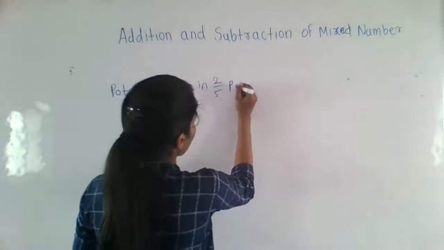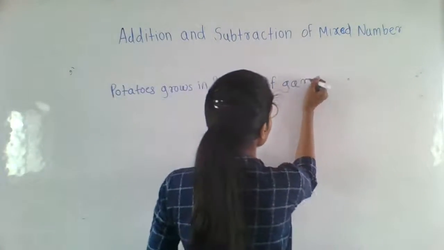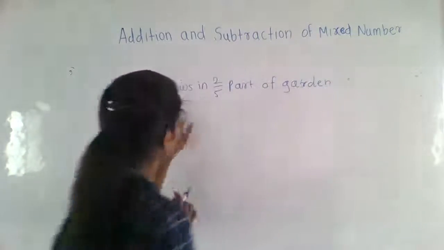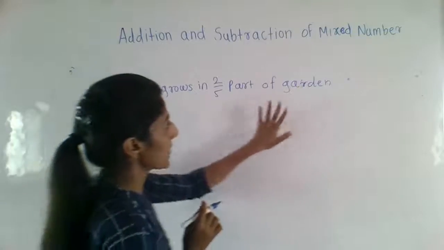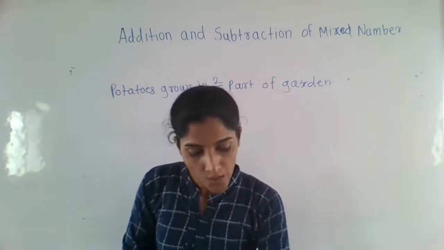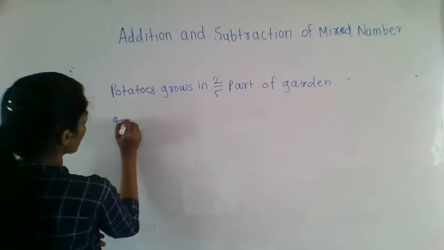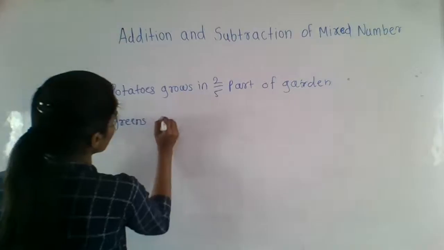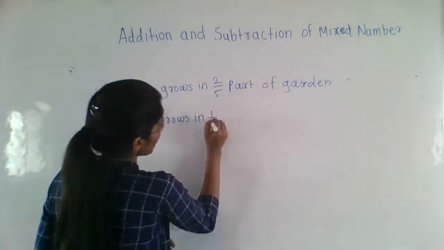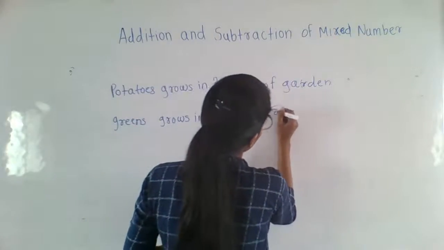2/5 part of garden. Okay, and what is the next? Potatoes grow in 2/5 part of garden. Then next is greens in 1/3 part of garden. Greens grow in 1/3 part of garden.